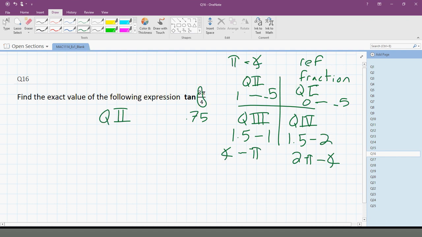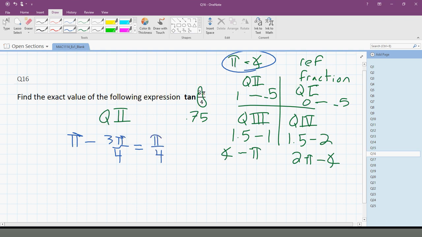So since I'm in quadrant 2, I'm going to be taking my angle, and we're going to take pi minus it. So what is pi minus 3 pi over 4? Pi over 4.